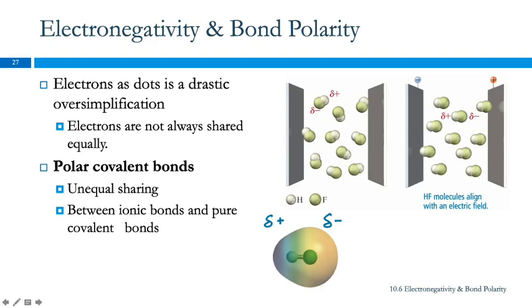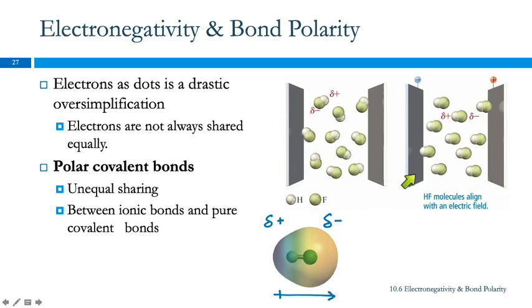Another way we can represent this is with an arrow. The arrow points to the negative end, and just to reinforce that and make sure we don't think it's a regular arrow, make the other end into a plus. And we can observe the effects of this. Hydrogen fluoride is a gas at room temperature. So if we were able to observe the molecules, here's the negative and positive, and they would just be randomly distributed in space.